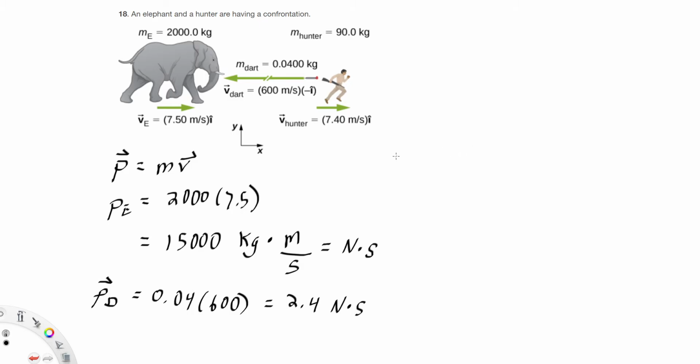And then lastly, the momentum of the hunter as he runs bravely away. The hunter is 90 kilograms, running at a speed of 9.4. And what's that momentum? It doesn't matter because the elephant is faster and is going to catch him. So, RIP.